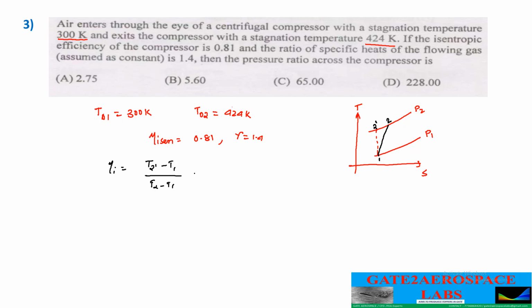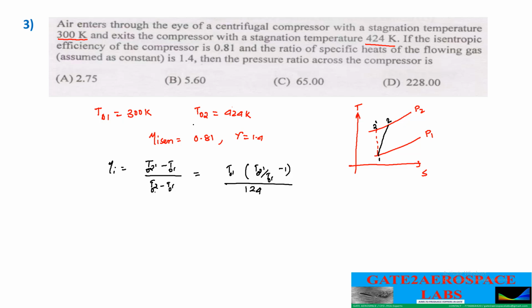If you take T1 common from this, this will become T2 dash divided by T1 minus 1, divided by T2 by T1 minus 1. We will write this in the form of stagnation temperatures, so I will add 0 here. So this is T01, this is T02, T01. Now this will be equal to T02 minus T01, which is equal to 124 Kelvin.